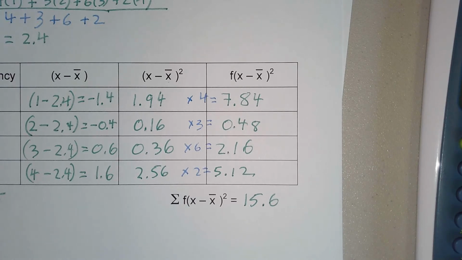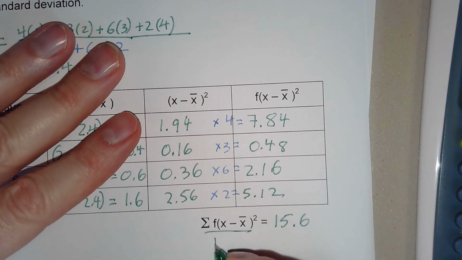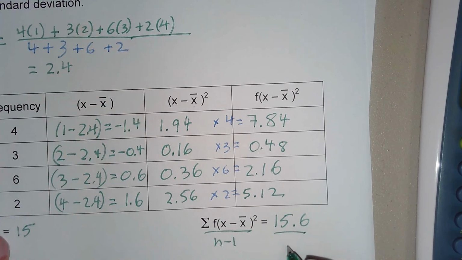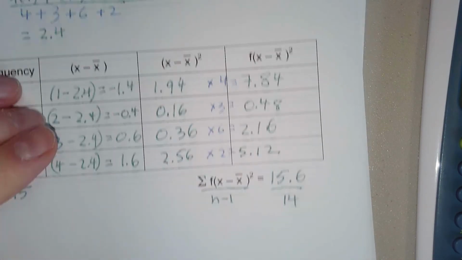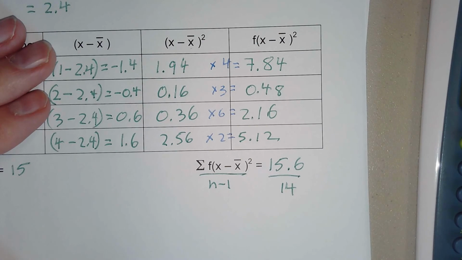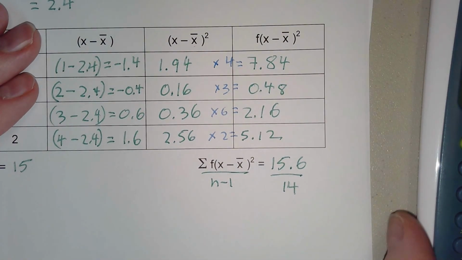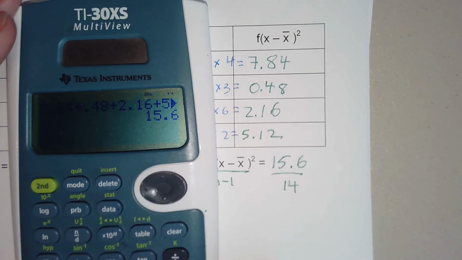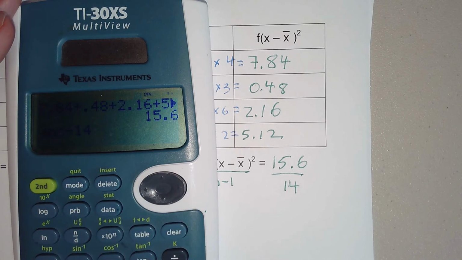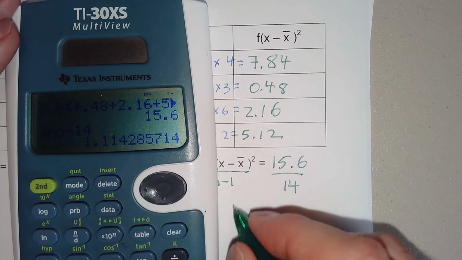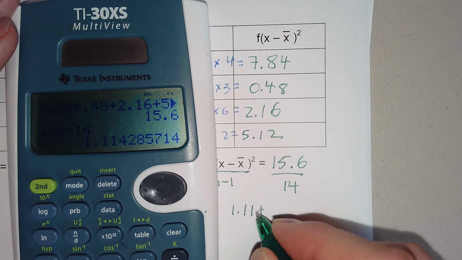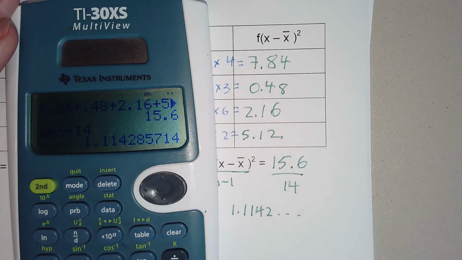Now, this is a sample, so I'm going to be dividing this by n minus 1. 15 minus 1 is 14. And so that will give us our variance, which is 1.1142 and so on.